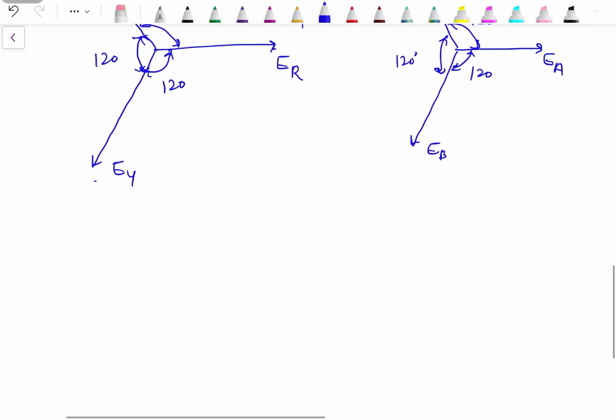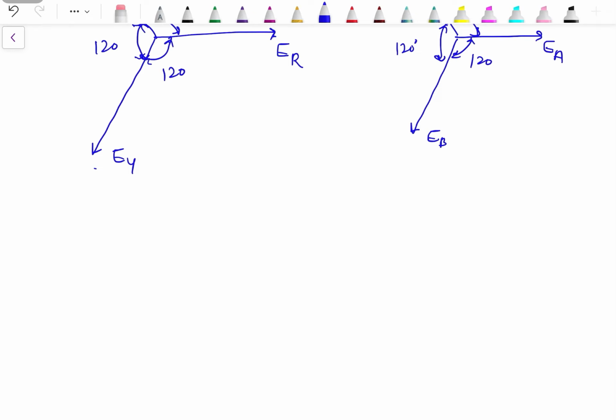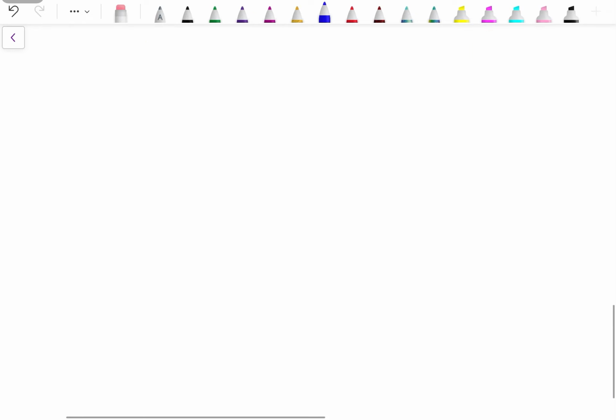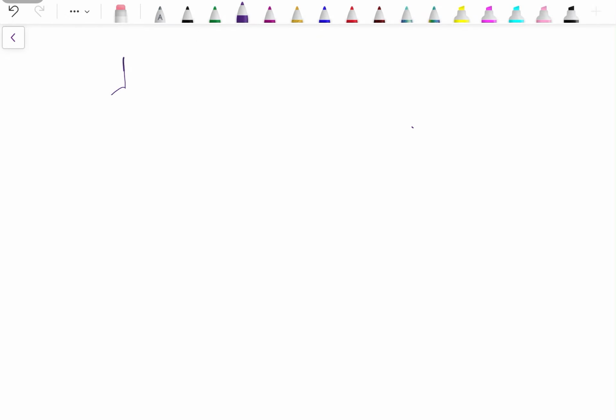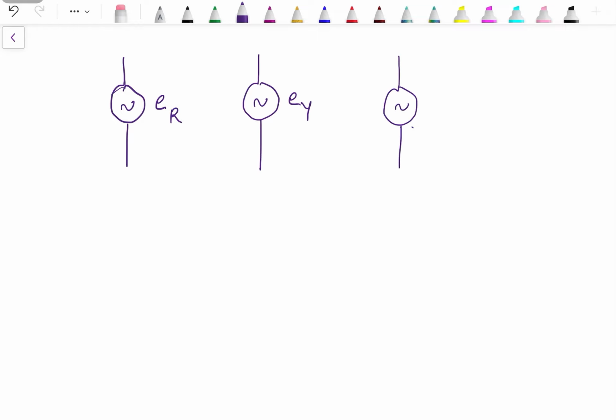Now we have seen that we have three different phases, so there is an induced EMF in each of the phase. Phase R has an induced EMF ER, phase Y EY, phase B EB. So these are the induced EMFs.